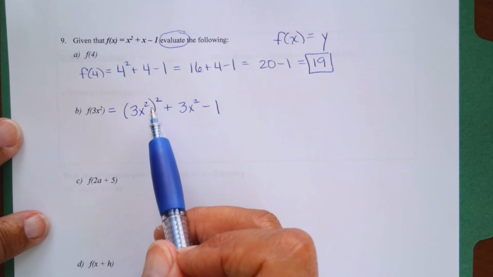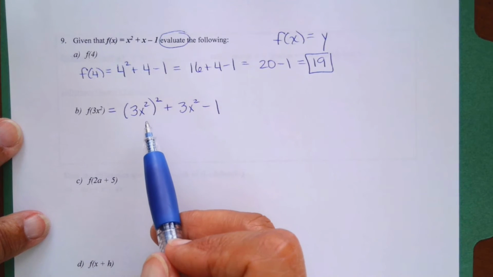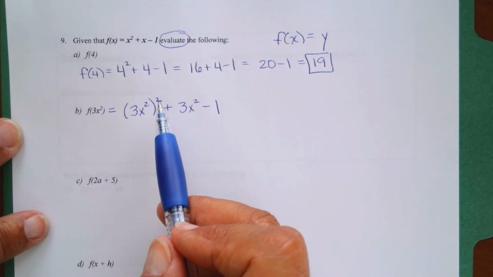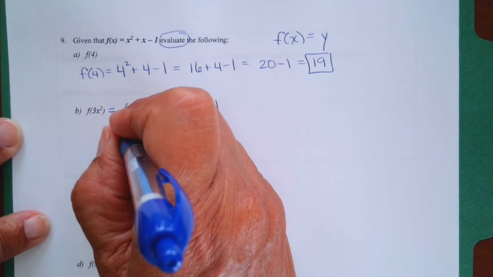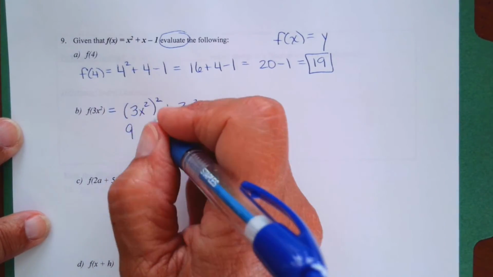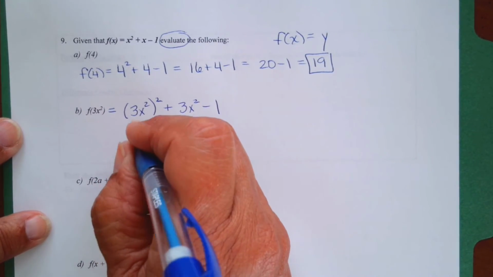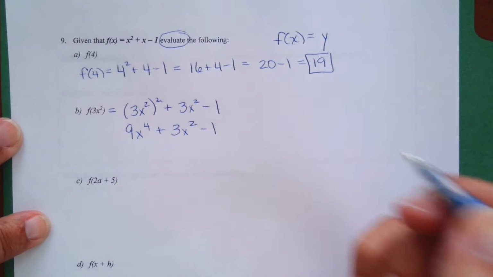I put it in parentheses, otherwise sometimes you guys forget, because when you're squaring a whole term, you've got to square everything. So 3x squared, squared, means square the 3 and square the x squared. So 3 squared is 3 times 3, which is 9, and x squared, squared, you multiply your exponents, that's x to the 4th, plus 3x squared minus 1.